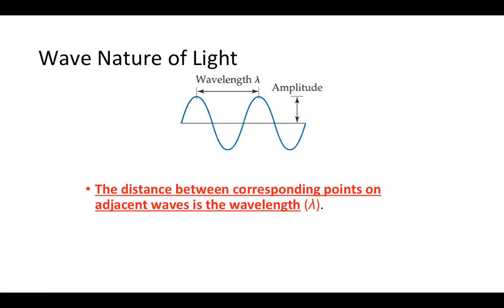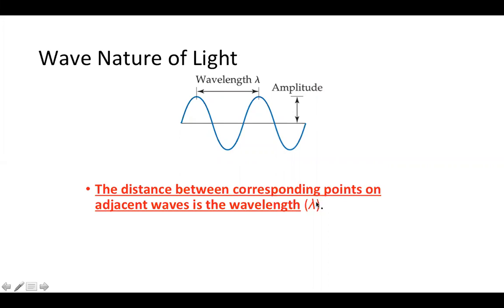So this idea of wave-particle duality says that particles can act like waves and waves can act like particles. Since we're going to begin talking about waves, we're going to first define some characteristics of waves. The first characteristic is wavelength, which is represented by this lambda.